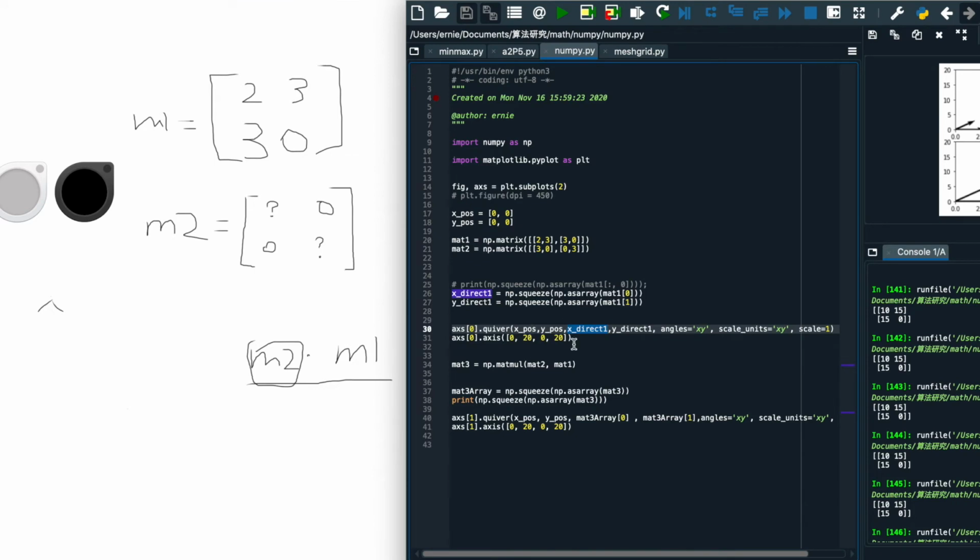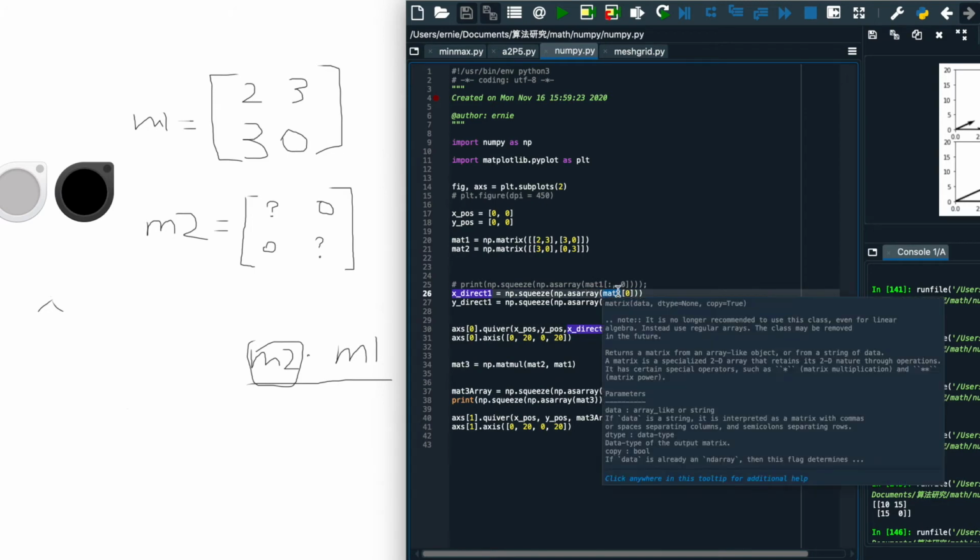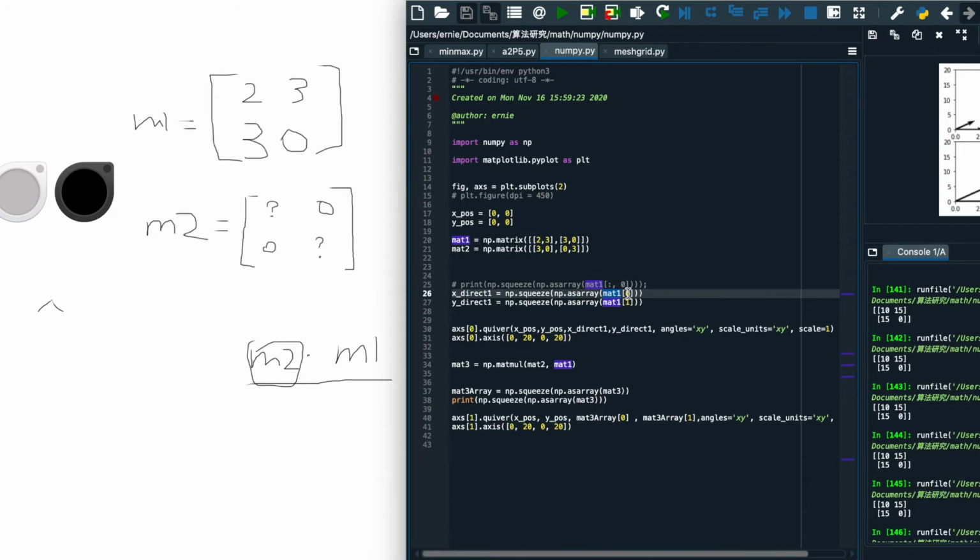So I need to pass these 2 values into the directions. I just transform this matrix: I take the first row, make it into an array, and put it in here, and then for the y it's the same. This part is a little bit confusing, but I'm going to write it down so that you won't be confused.